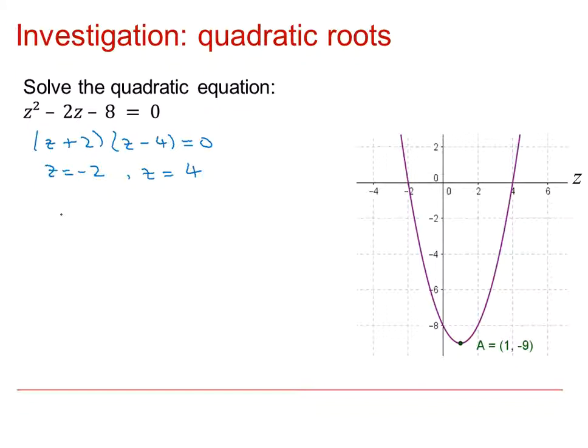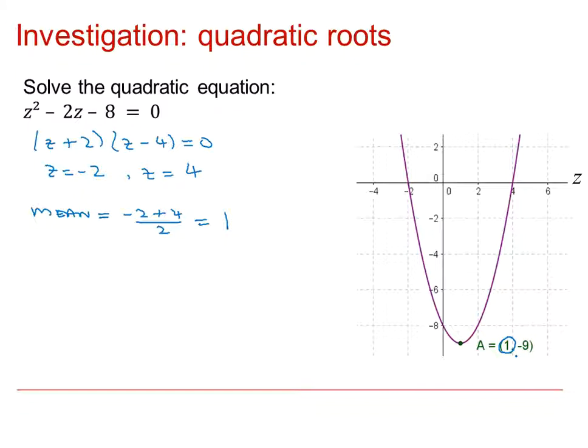Now the interesting thing here is if we look at the mean of these two roots, the mean would be minus 2 plus 4 over 2, which is 1. And if we look at the vertex, we notice that the x-coordinate is 1.